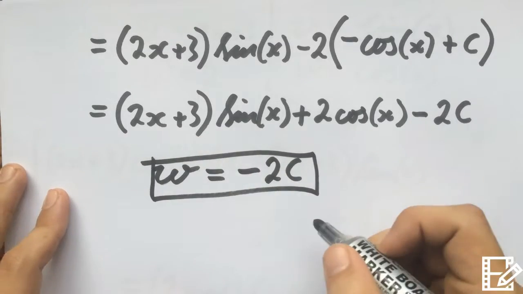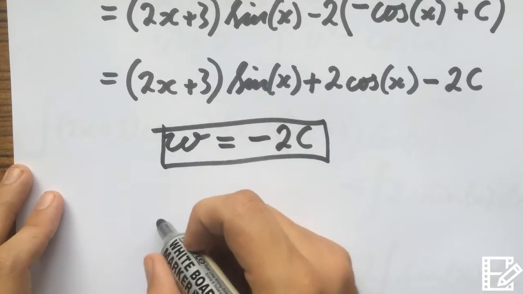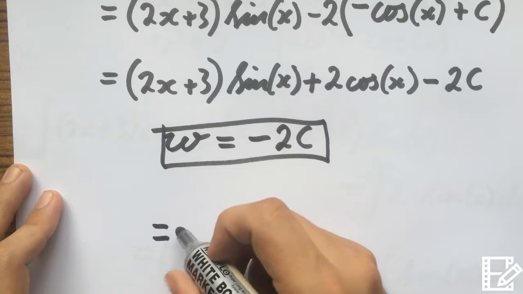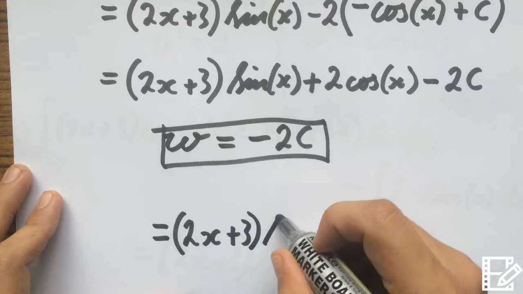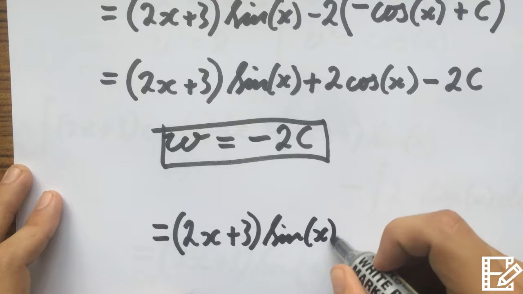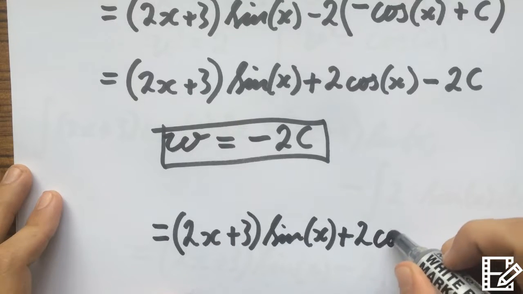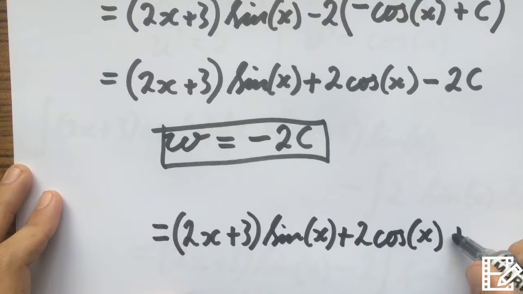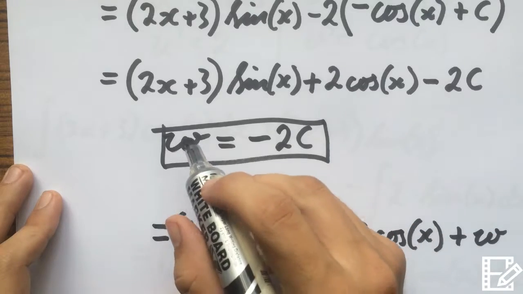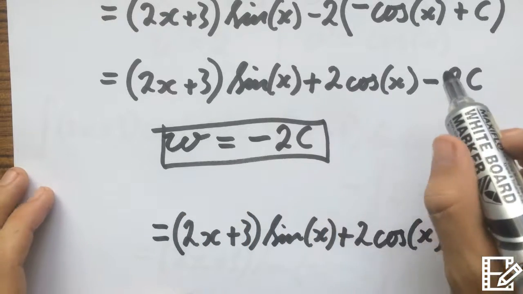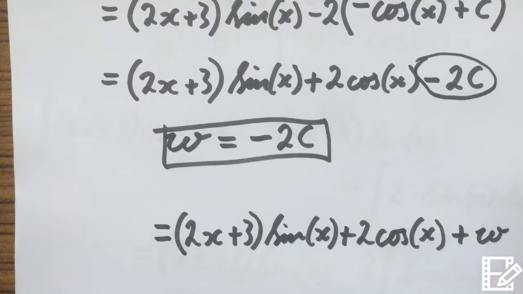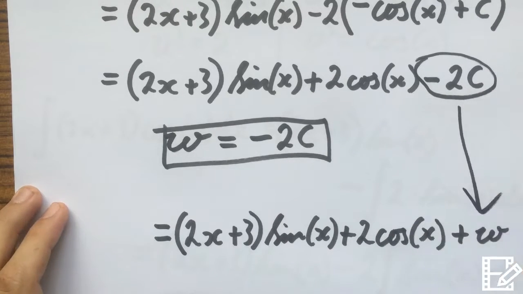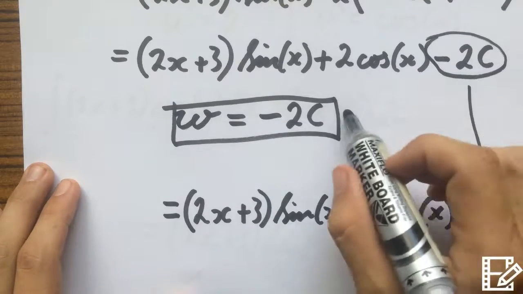I am stating that. Therefore, I can write it like this: equals (2x + 3) multiplied by sine x plus 2 cos x plus w. I can say plus w because we know w is equal to negative 2c, which is this bit. So that is the same as that there because of this.